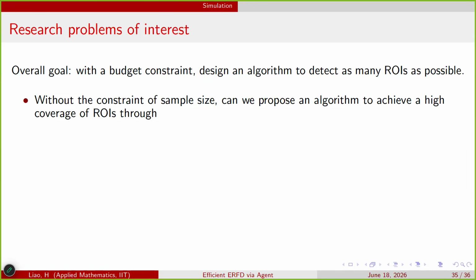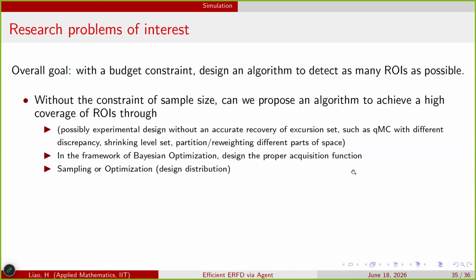Well, this also opens up some projects we're currently doing. With a certain budget constraint, how can we design an algorithm to detect as many of these regions of interest as possible? This can connect to experimental design for sure, or some QMC idea can be used here as well.